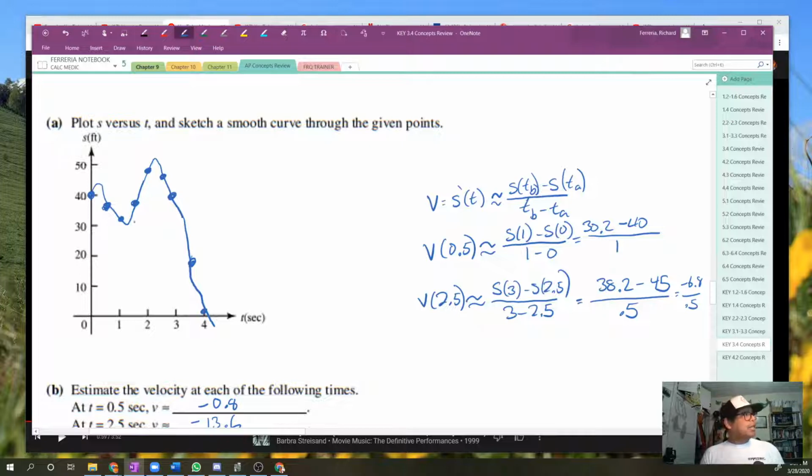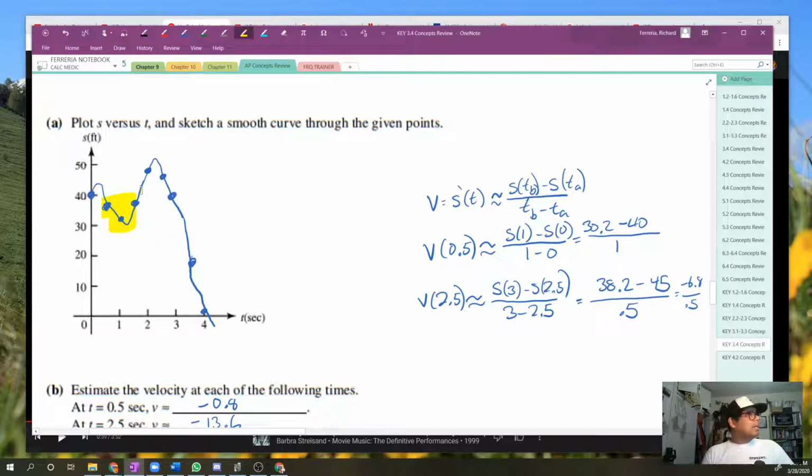Well, it has to change direction someplace around here. Why there? Here we know that the particle is losing position and then gaining position again. So somewhere between t equals 0.5 and t equals 1.5, we have to have a change in direction.